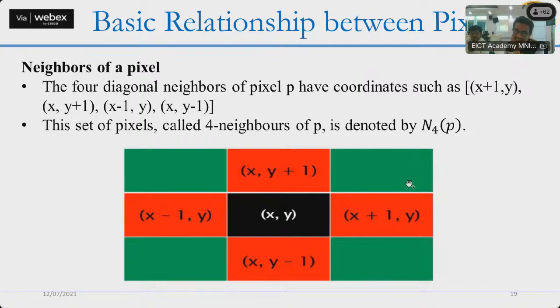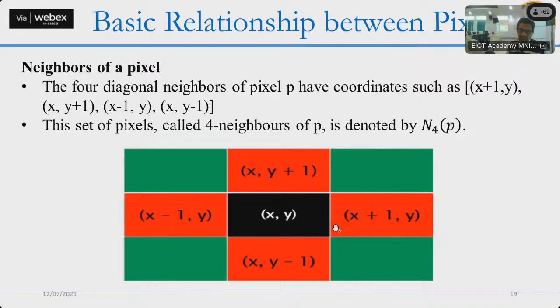Is there any other arrangement apart from these four neighbors? Yes, Rishiraj is saying 8 neighbors. Which are the eight? This one? Yes, diagonals also. This is 5th, this is 6th, this is 7, and this is 8. So overall, it's an 8 neighborhood.